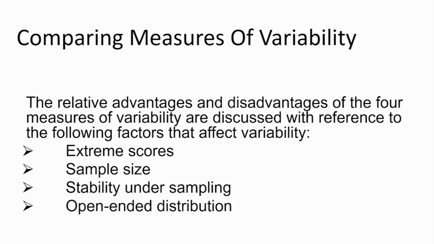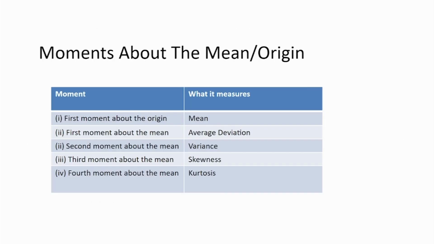However, if the sample is small by comparison, then we have to look for other measures. And the open-end distribution, we will discuss when we talk about frequency or sampling distribution. This is very important.